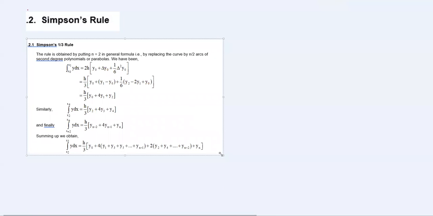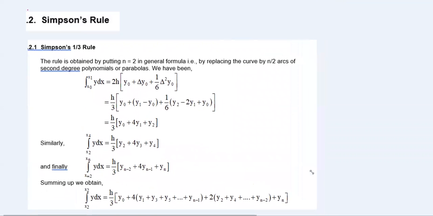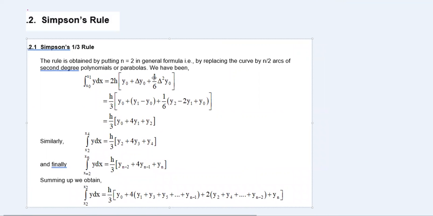Now in Simpson's 1/3 rule, we take n equal to 2. So instead of having a simple straight line, we take 3 points and replace the curve by n by 2 arcs of second degree polynomials, or parabolas.